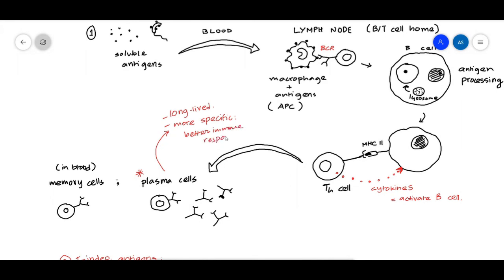So what I mean by more specific is that the antibodies that they are going to produce are going to have a higher affinity for the antigens of the pathogen.